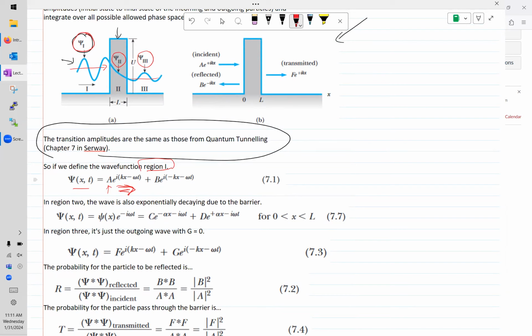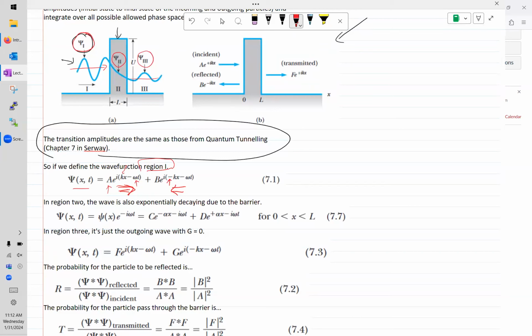This is the Euler formula, which just represents sines and cosines with a particular frequency omega. The one with the opposite sign between the k and the omega part represents the wave going to the left instead.